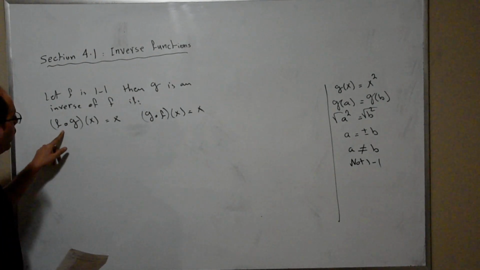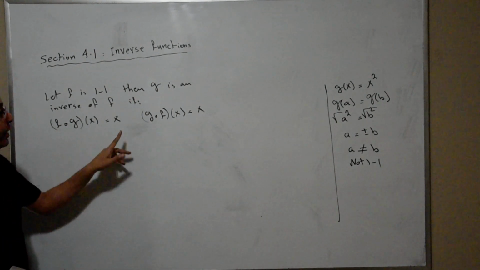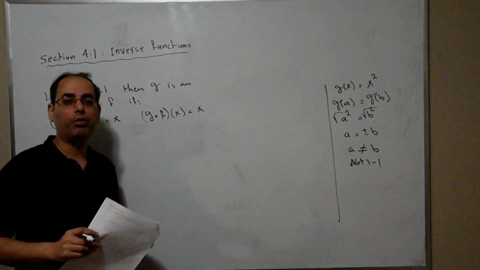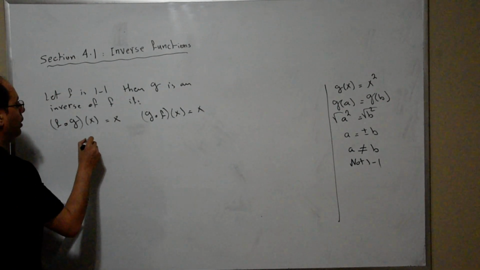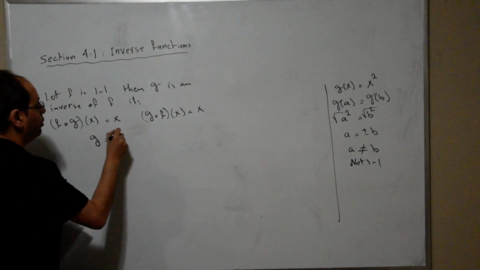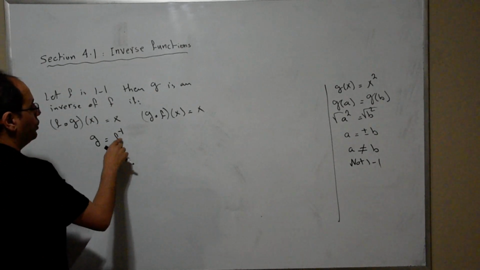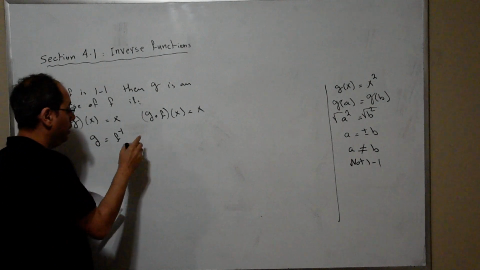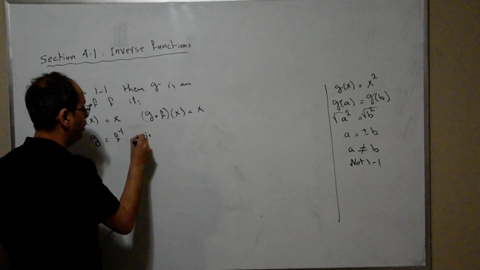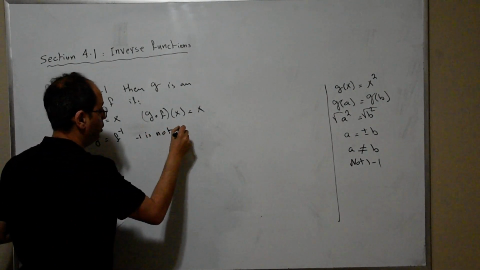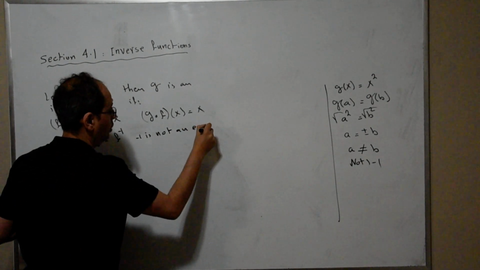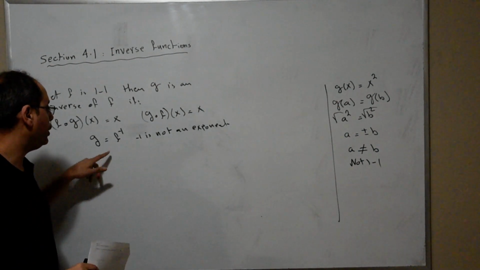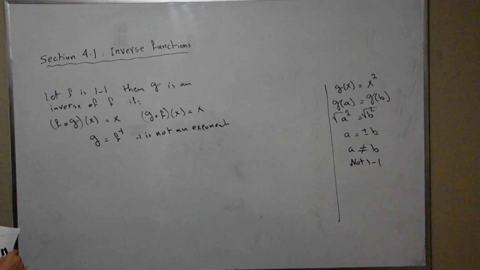So when I compose f of g, it must be x, and when I compose g of f, that also must be x. Therefore, g is f inverse. And this -1 is not an exponent. Here I mean -1 is the inverse of f. So g is the inverse of f.